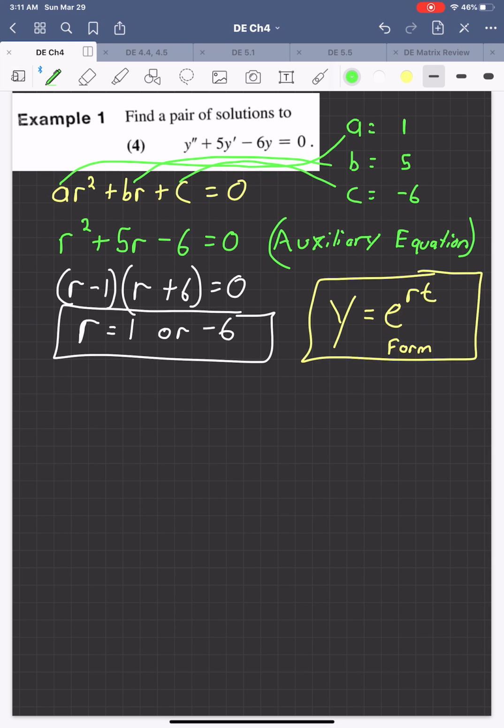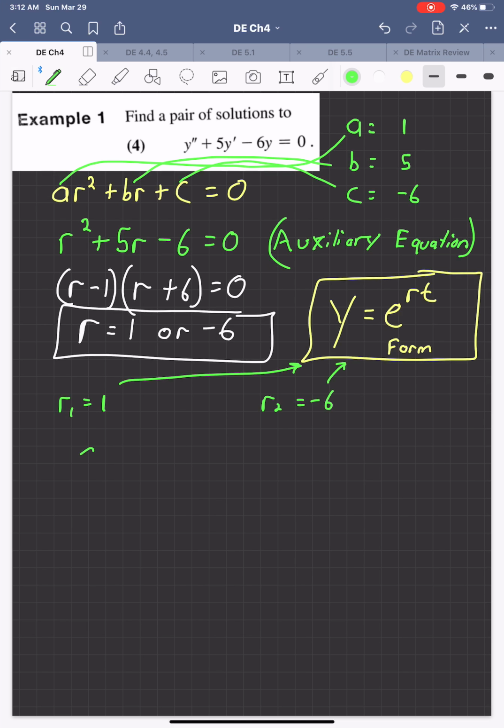We're going to let r sub 1 equal 1, and then let r sub 2 equal -6, and plug each of these into the form of the equation, and that's going to produce the following pair of solutions.